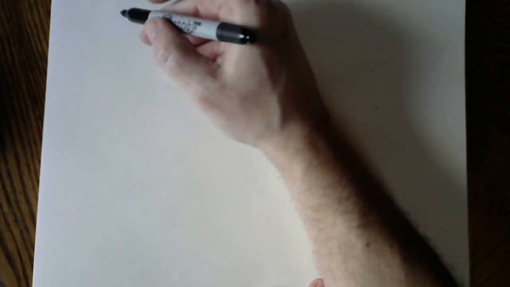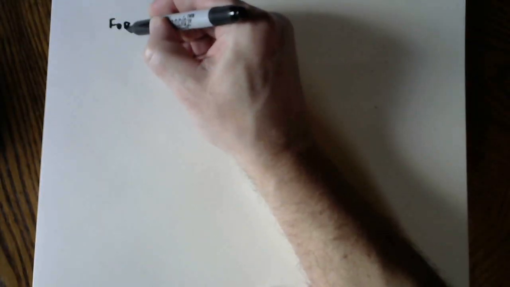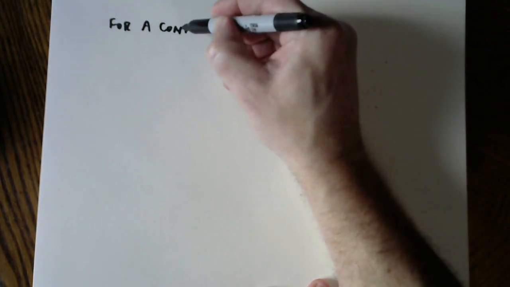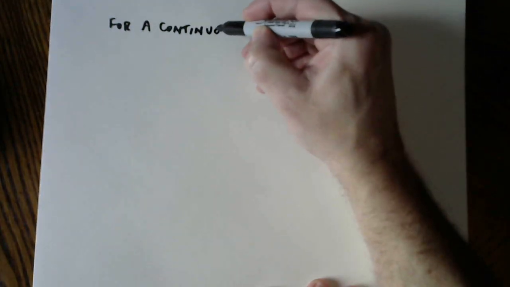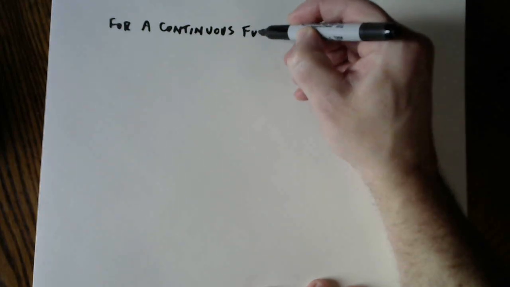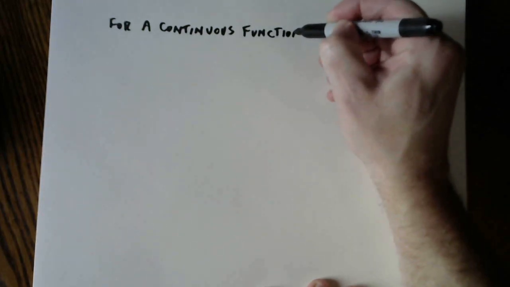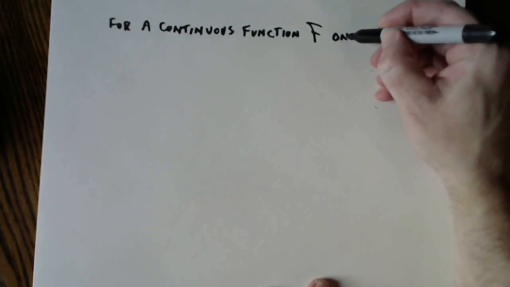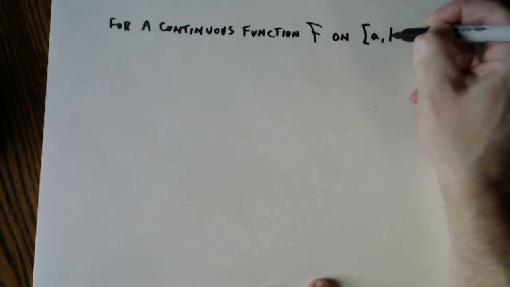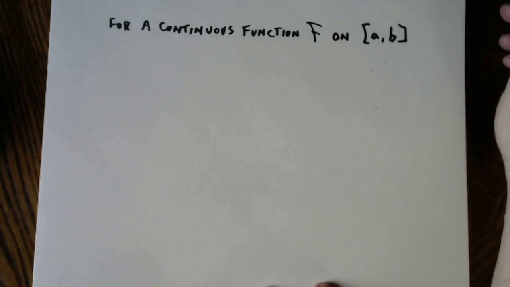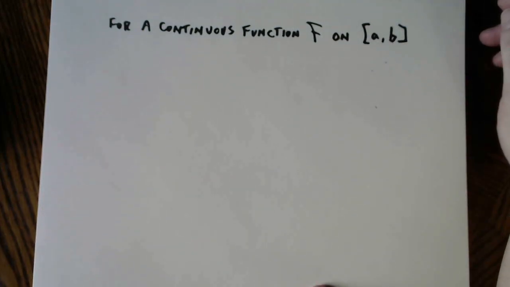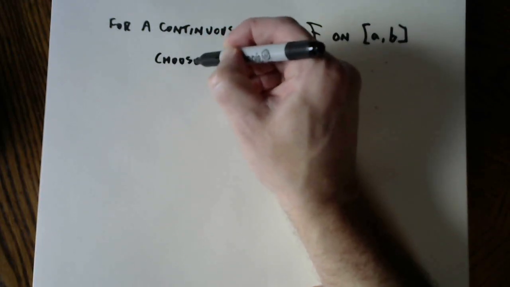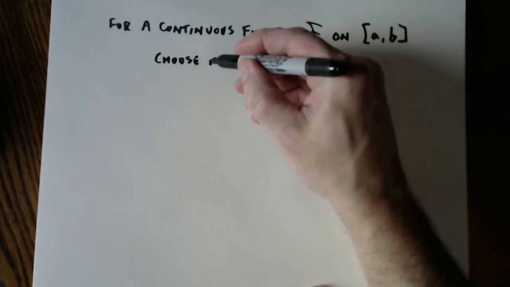So a little bit more specifically, I'm going to say for a continuous function, I'm going to call it f, and we're going to be interested in a specific interval, a closed interval a to b. What I'll do to start out, I'm going to choose n, whatever I want n to be.